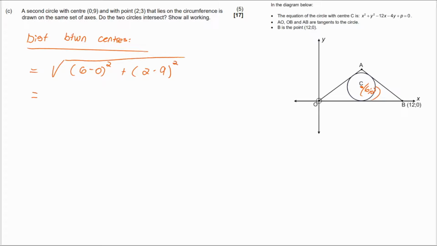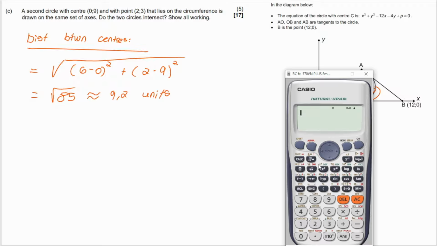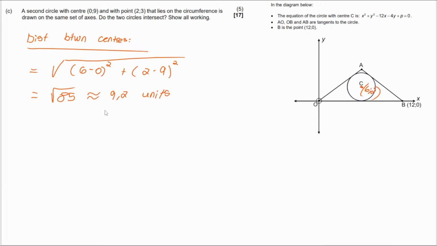That's 36 plus 49, which gives us root 85, approximately 9,2 units. I'll show you in the calculator: 6 squared plus 7 squared is root 85, approximately 9,2. We need this approximately because we need to compare the distance between centers and the sum of the radii. It's a bit difficult to compare surds like this, so it's nice to have them as normal numbers instead of square roots.